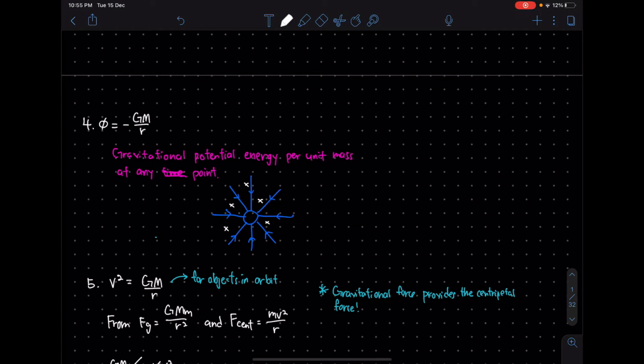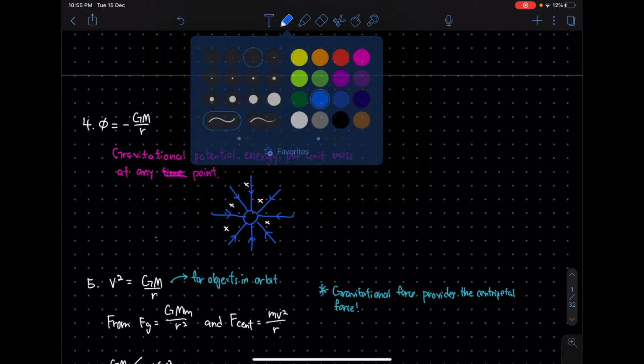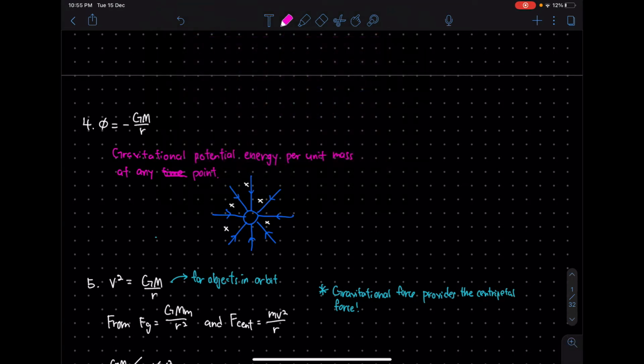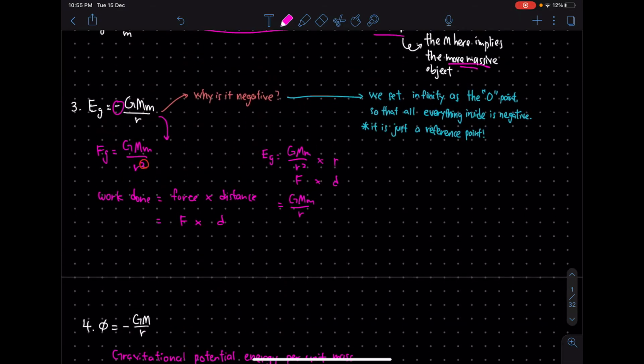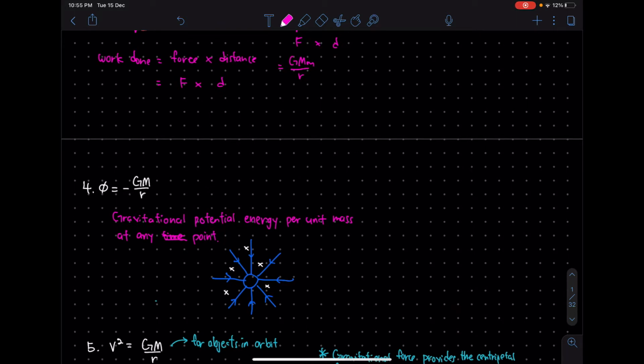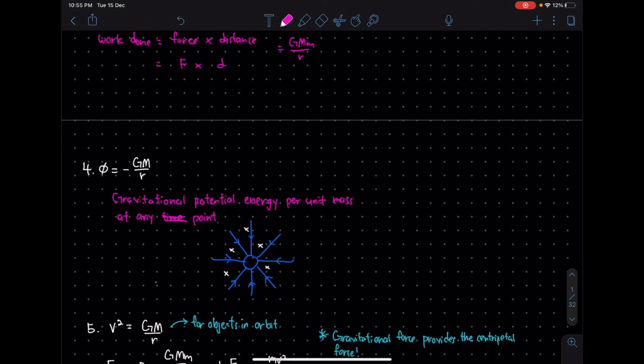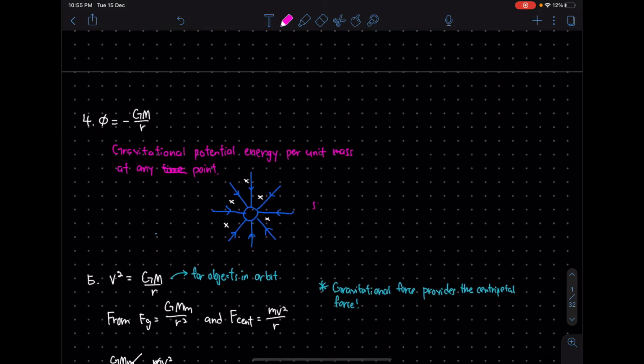It gives a more standardized value since everything is per unit mass, rather than gravitational potential energy, which depends on the mass of the object. So it's much easier for you to visualize and compare the gravitational potential of bodies of masses because it appears to be more standardized.